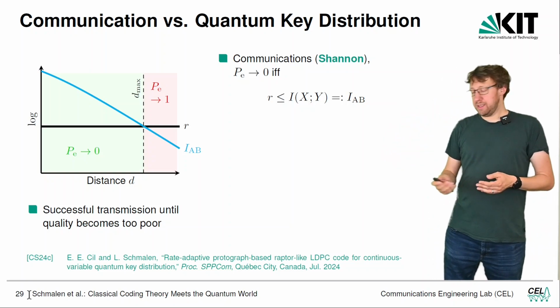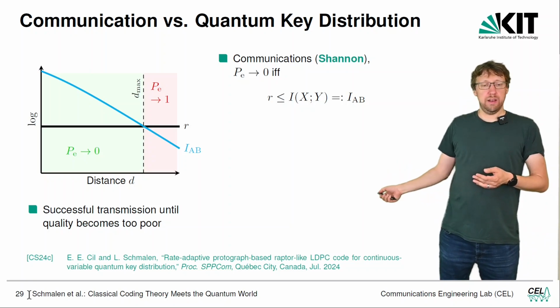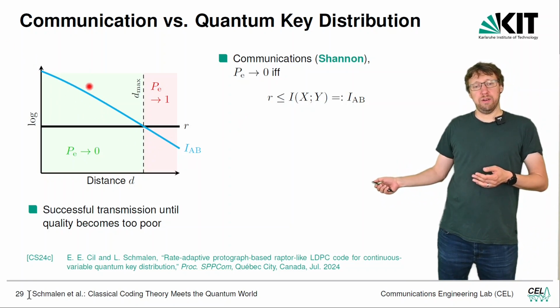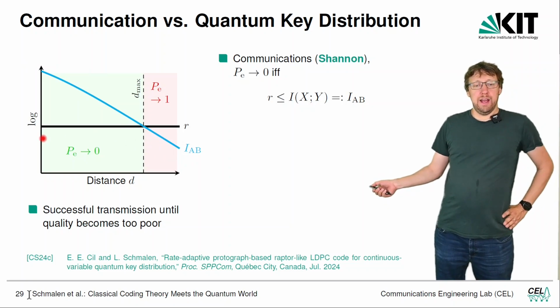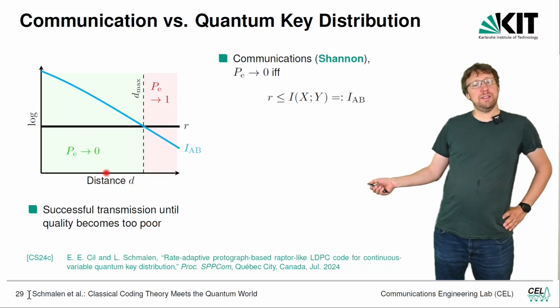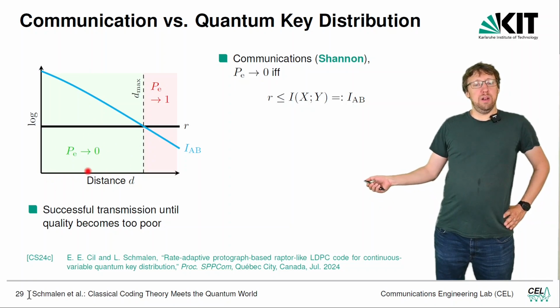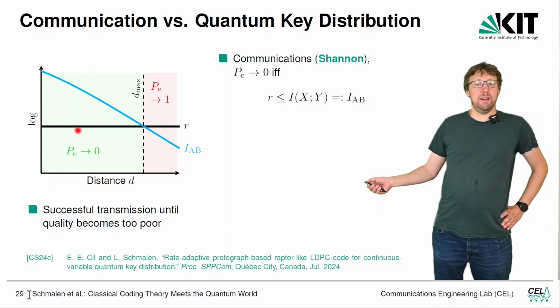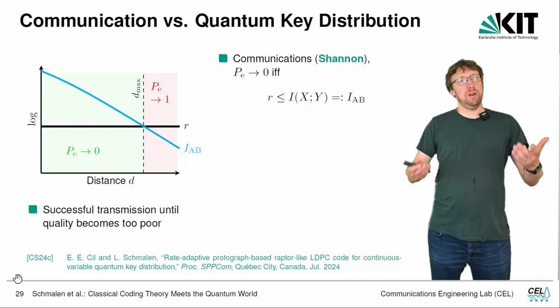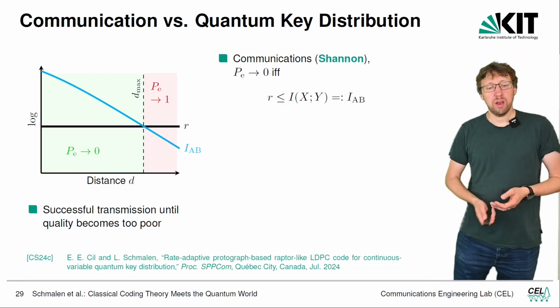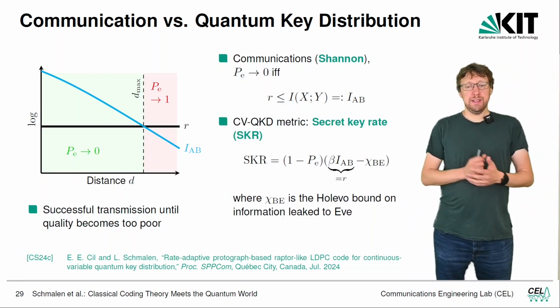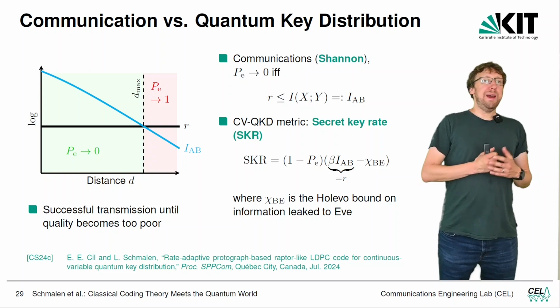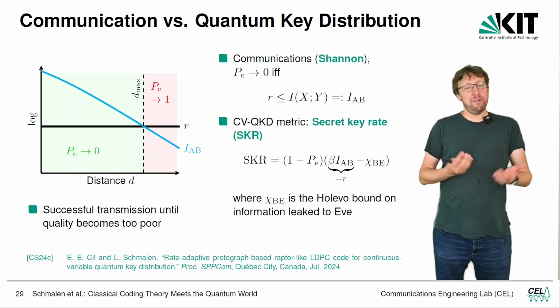If you operate a code at rate R for short enough distances, the rate is below the achievable rate and you can have an error probability going to 0, and in the other cases the error probability will go to 1.